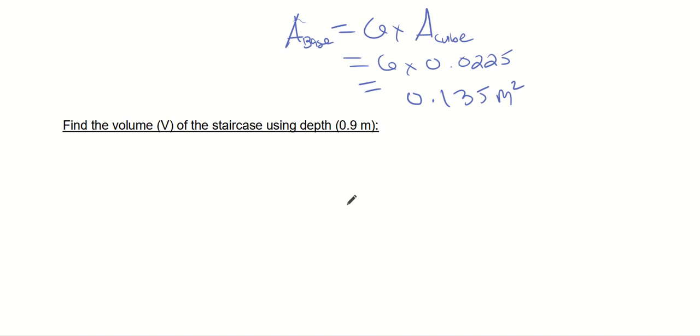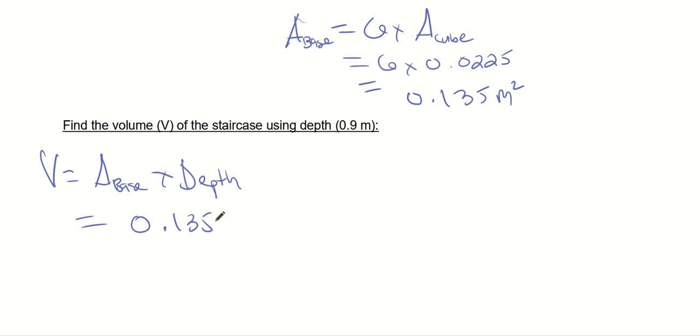Okay, so now we can find the volume of the staircase. The volume is essentially the area of the base multiplied by the depth. We know the area of the base is 0.135 meters squared multiplied by the depth, which is 0.9 meters.